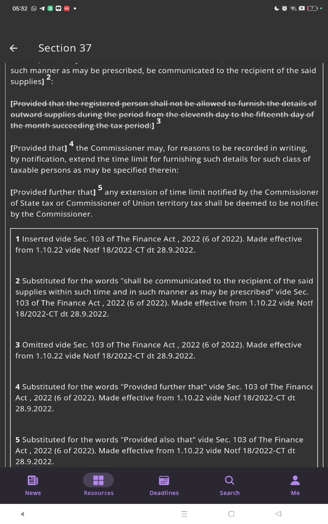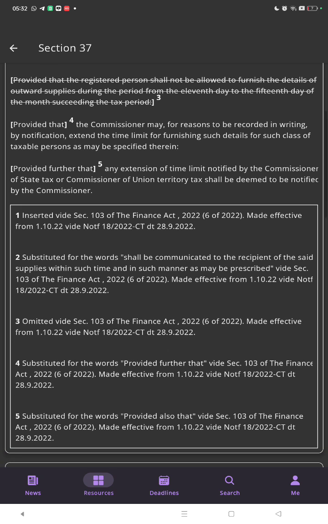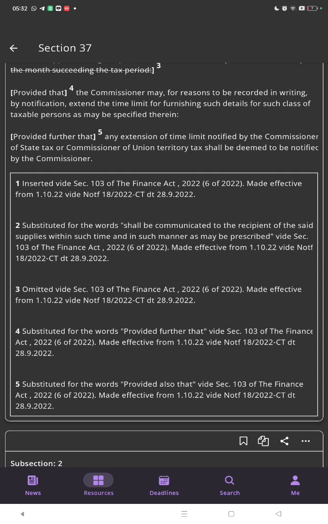Provided that the commissioner may, for reasons to be recorded in writing, by notification, extend the time limit for furnishing such details for such class of taxable persons as may be specified therein.